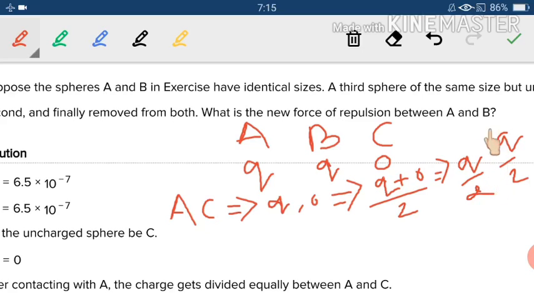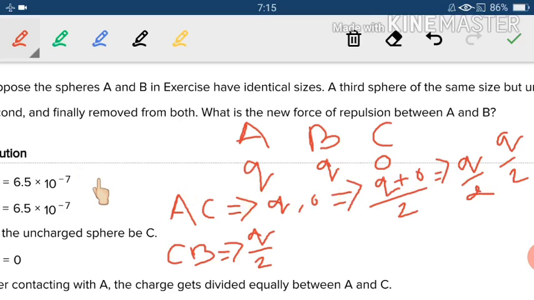Now what they are saying, after removing from A, this sphere C is brought in contact with B. So now we have to talk about C and B. Here also the charge will be divided equally between these two. So the charge on C we have already calculated, that is Q by 2. And the charge on B is how much?